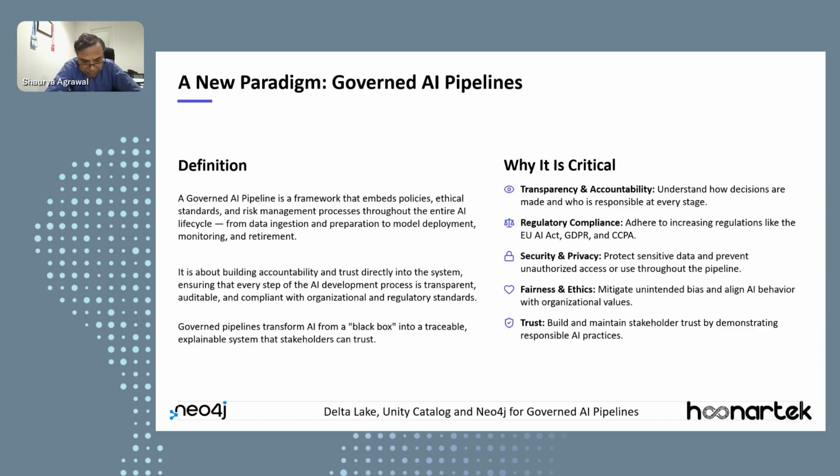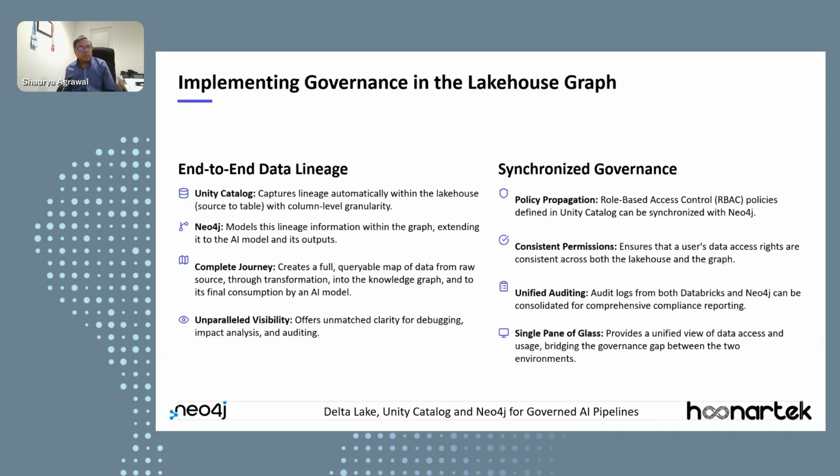Recently, the EU launched a new compliance regulation on AI, and that has necessitated companies to start investing in governed AI pipelines, where the governance is done and managed throughout the data pipeline that is used for AI or any kind of LLM activities. Governance is a topic where there are a lot of ways you can skin the cat, but at the end of the day, it has to provide end-to-end data lineage.